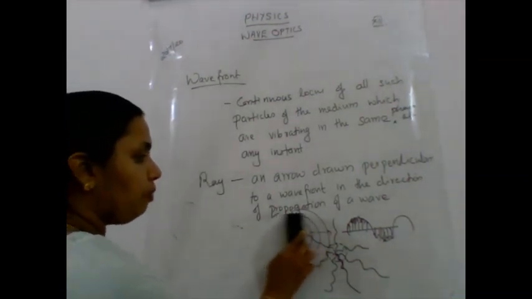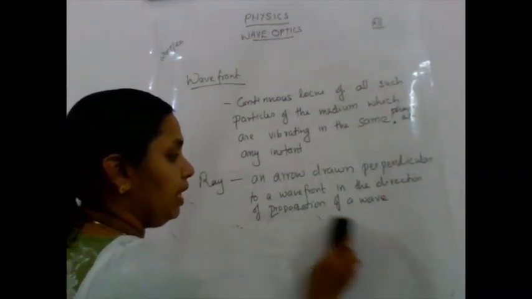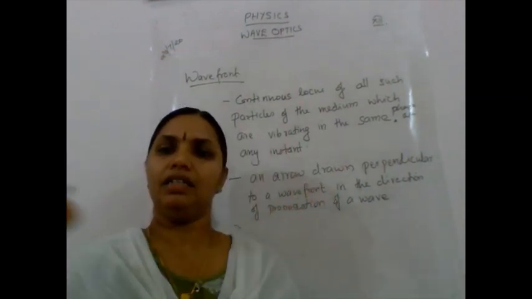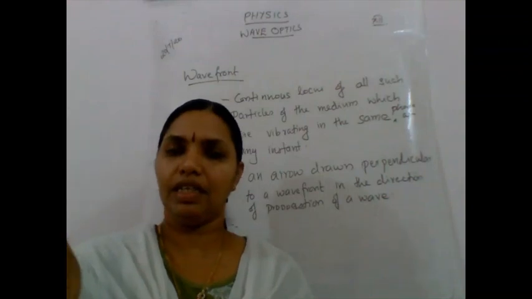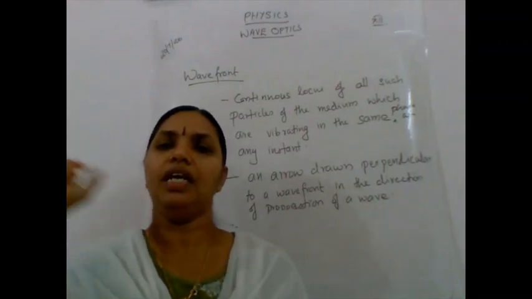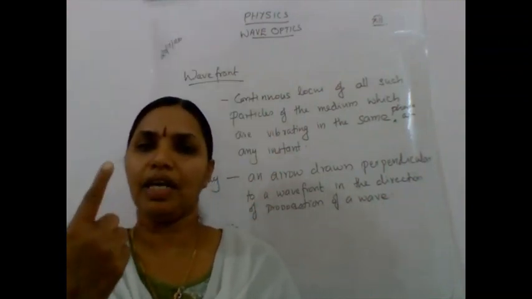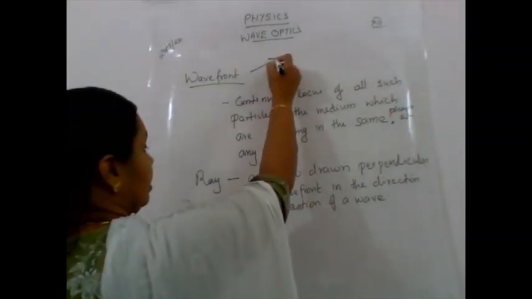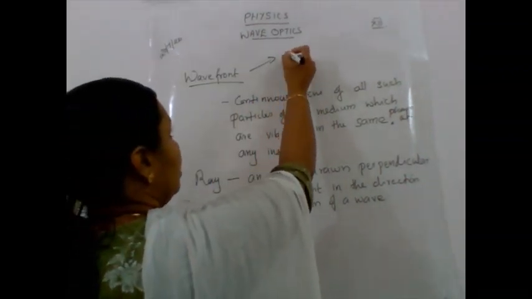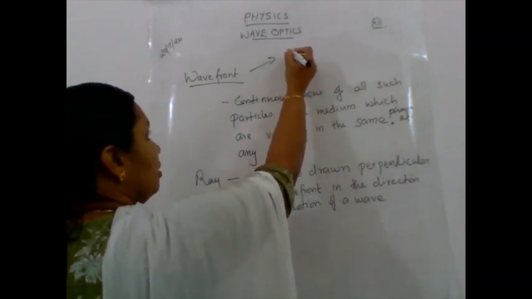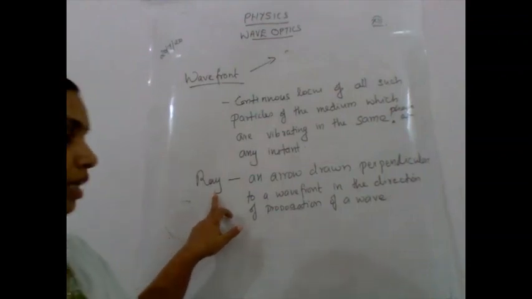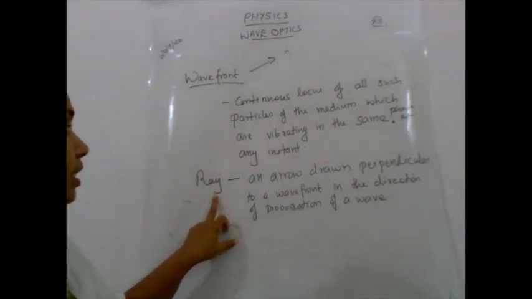If the source is a point source, the wavefront will be a circle. Okay, that is here. If you are standing in a circle and say that center part, it is the source. So we will get a circle. Okay, so accordingly, this wavefront we can classify it. Ray also.